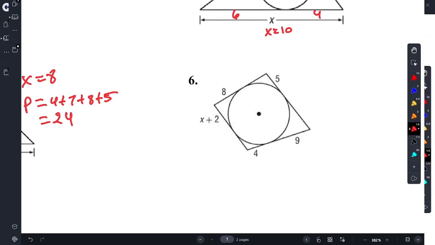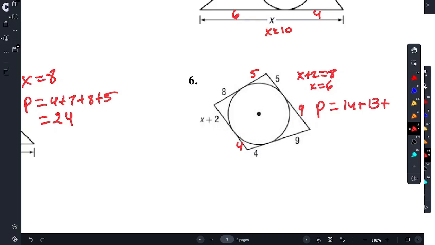Last one. All right, if that's 4, then this is 4. If that's 8, then x plus 2 must equal 8, right? So x plus 2 must equal 8, so x is 6, easy. If that's 5, this is 5, and if that's 9, this is 9. Perimeter is easy, right? Perimeter is, what are we at? 14 plus, what is that, 13?